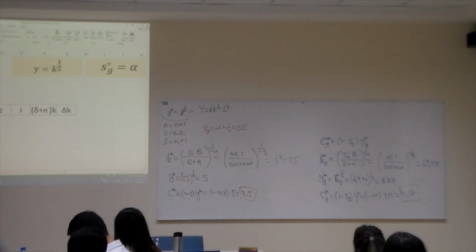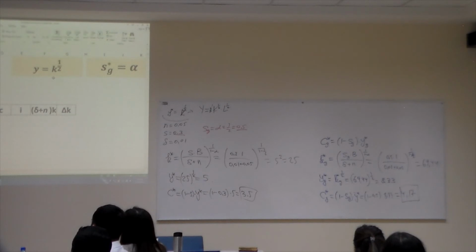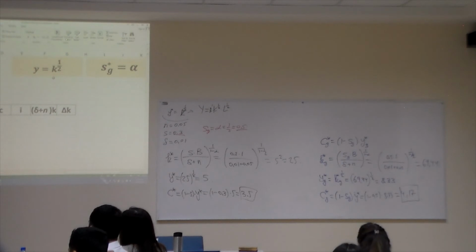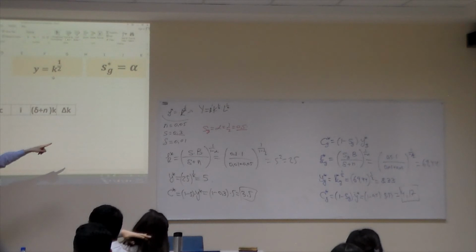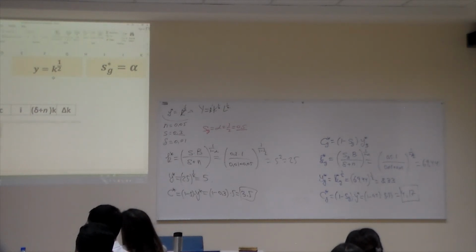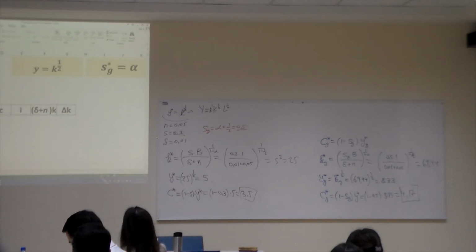Now our population growth is 5%, 0.05. Our saving rate is 30%. Depreciation is now 1%. Let's say our initial capital is 1, measured in billions, 1 billion. Our output, how do we write that function? Our output is given: it is equal to our capital to the power of 1/2.